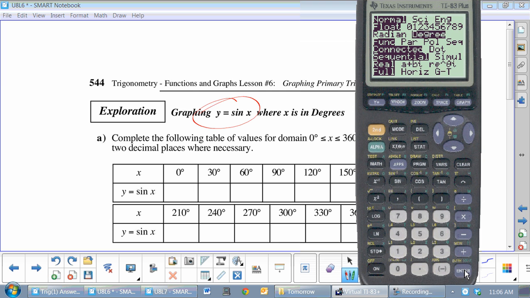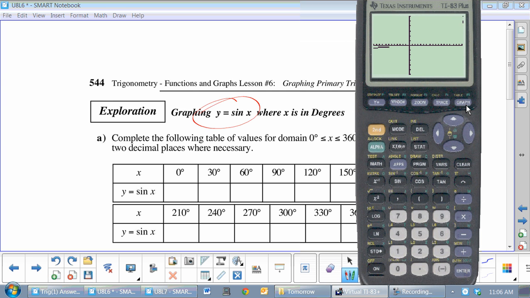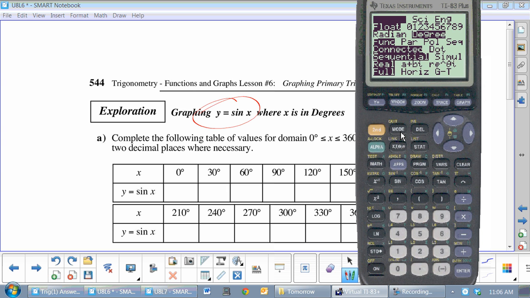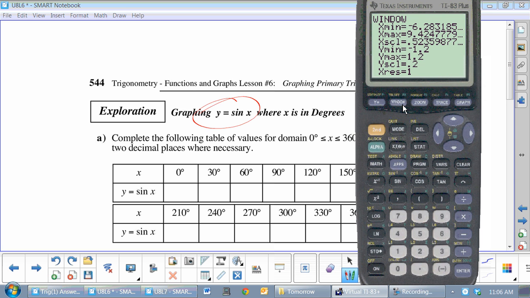Now, when you graph this and you're in the wrong mode, you're either going to see that or you're going to see something that almost looks like an erratic heart rate, okay? Now, I'm in the right mode, but why am I not getting a good graph? Well, if you look at my window settings, I have done those all in radians. So on our picture, do you see that the x min is negative 360?